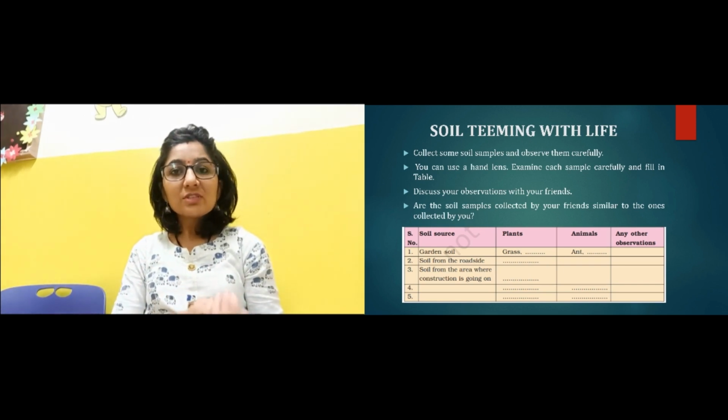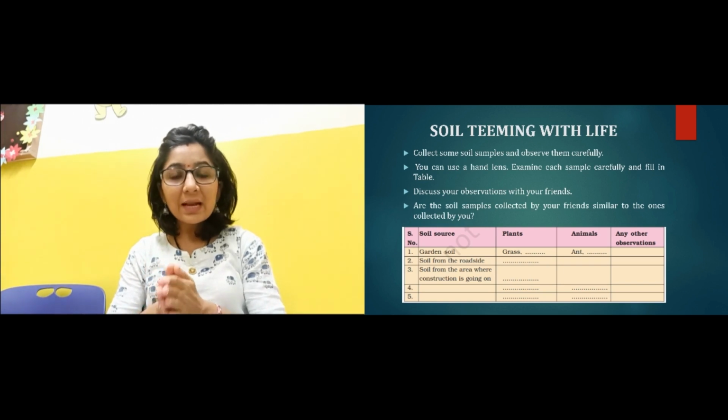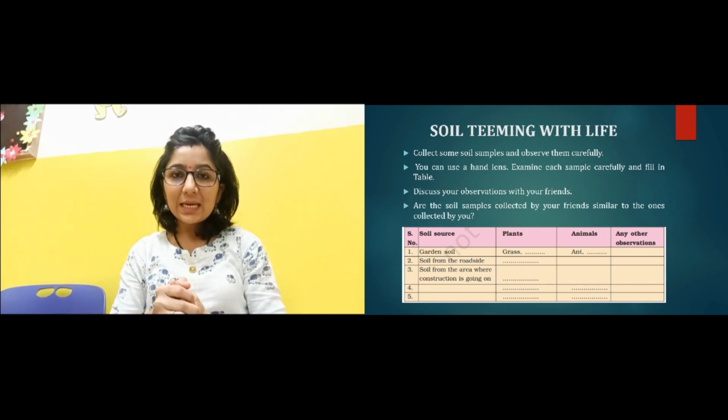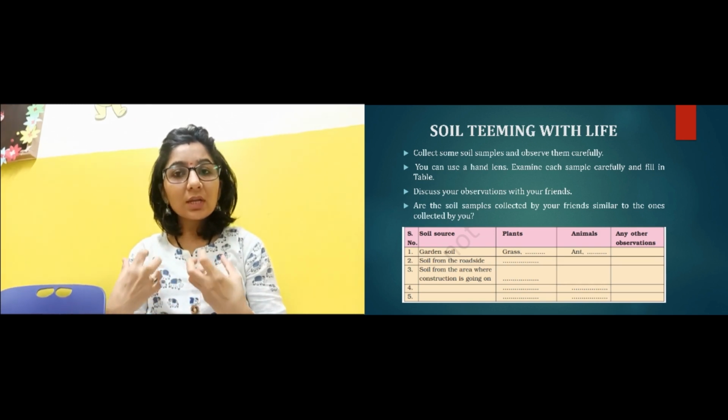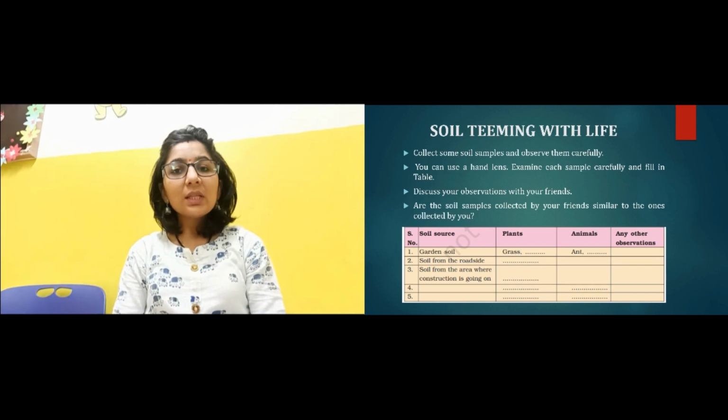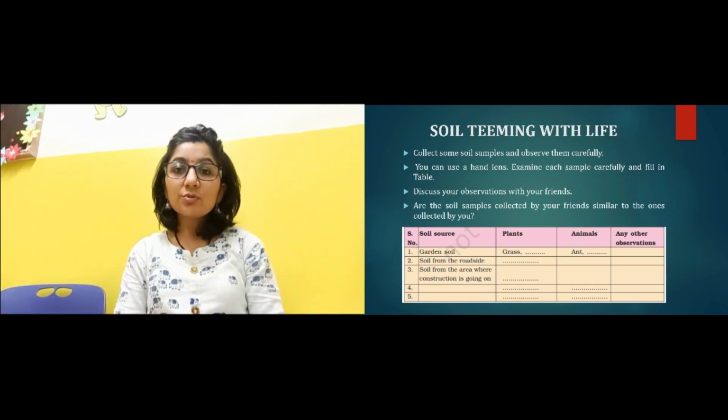So how many, which animals are staying in that soil, you have to note down. Or any other observation, how the soil is, how much water it holds, and whatever you can observe, all the other observations you can also note down.